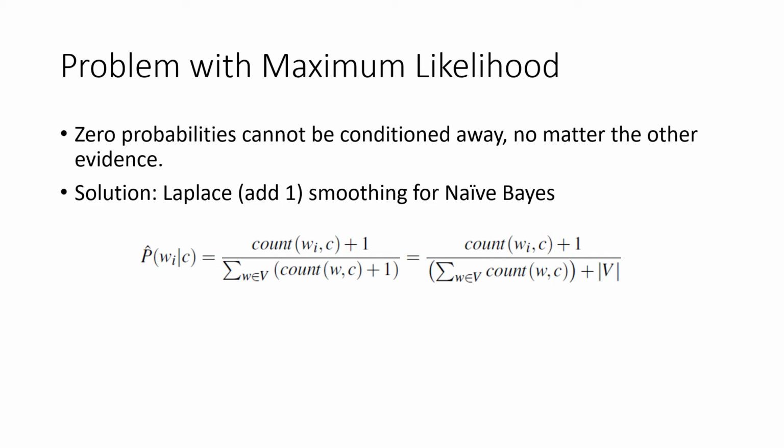So the simplest solution is the Laplace add-one smoothing for Naive Bayes, as shown here. So we simply just add 1 to each count of words that was 0. And by introducing this 1 into our equation, we get the following expression for calculating probabilities of words given a class.